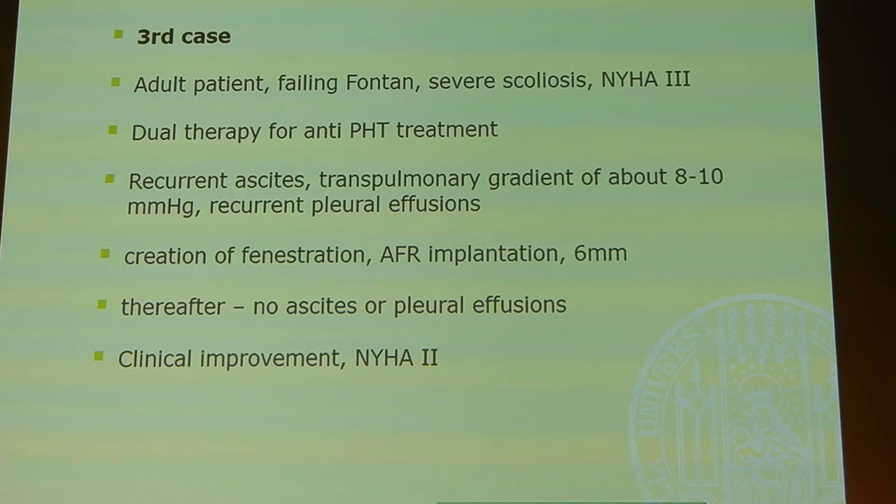A fenestration was created, which I'm going to demonstrate in a second. A small AFR device was implanted of 6 millimeters as to not overflood the patient with blue blood and cause desaturation. Thereafter, the patient reduced the ascites or pleural effusion formation and recovered to functional stage 2.